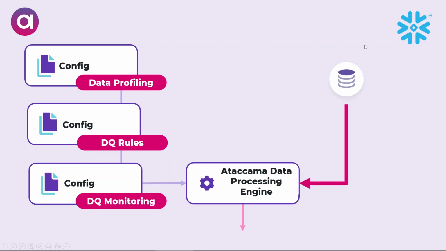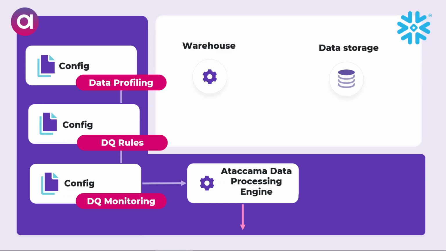If the source is Snowflake in particular, we can take a little bit closer look. As you might know, Snowflake works with a three-tier architecture containing data storage, which is the place where the data are actually stored. Then the warehouse, which is basically the data processing engine that takes care of all the requests to the storage. And then some application layer that is, let's say, not relevant for our use case right now.